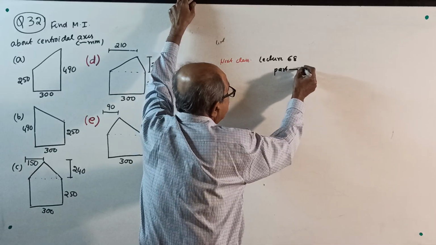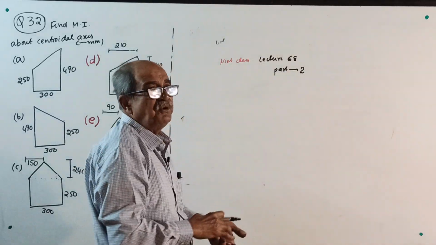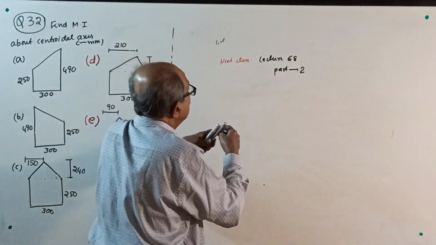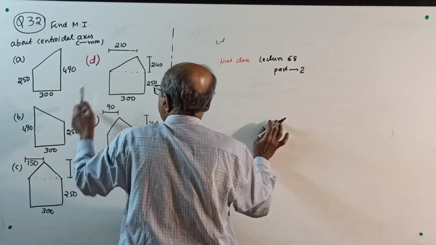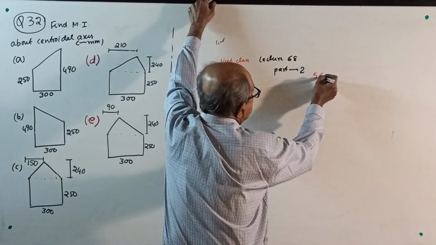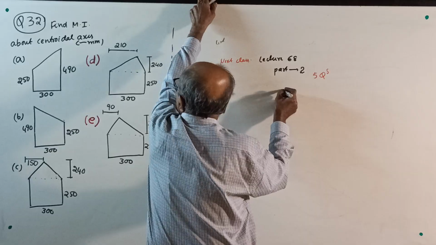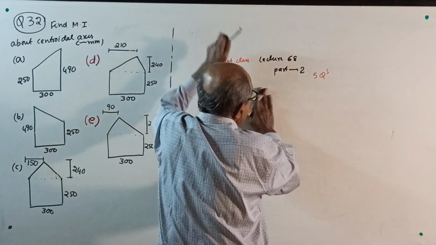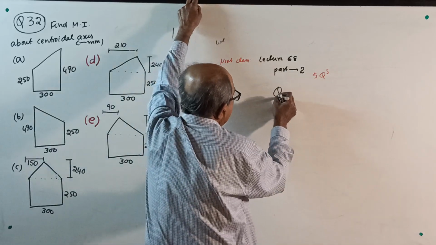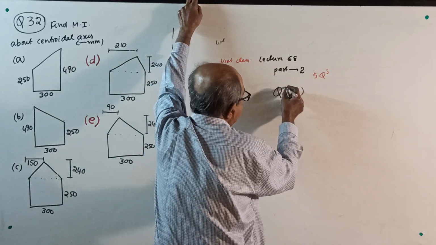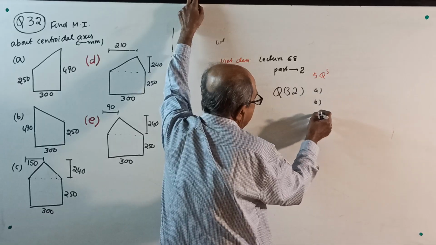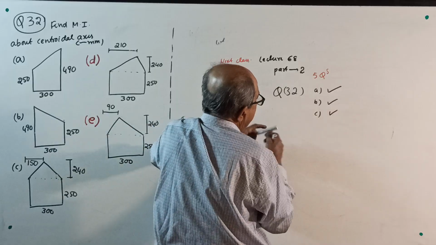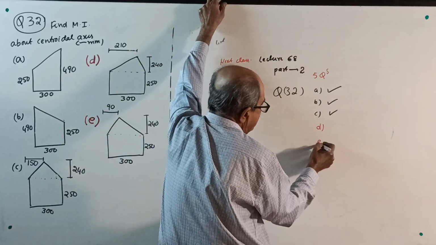Part 2 of that, I told the title, confusion, etc. We will solve 1, 2, 3, 4, 5 questions. All of them are question 32. First A, B, C. These are no problem. Then very important, D and E.